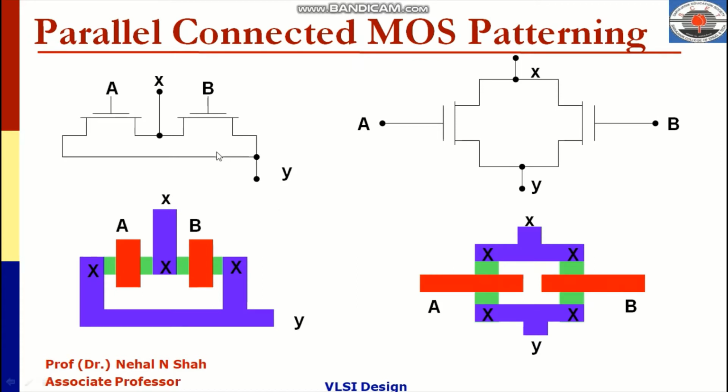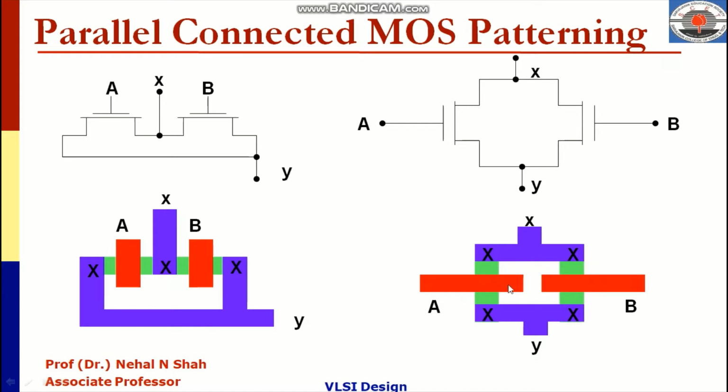If we intend to connect MOS transistors in parallel, two different layouts are shown over here. If we are placing two transistors A and B in parallel this way with vertical gates, then we can share drain of A with source of B, and the other end can be connected together.